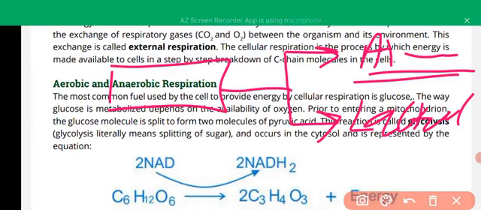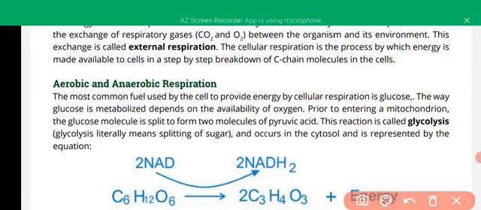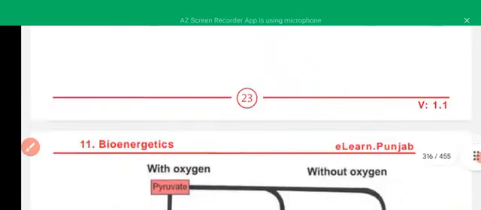Then our muscles do anaerobic exercise and lactic acid accumulates in our muscles and they become taut and painful, and this is also the fermentation called lactic acid fermentation. We will get through this type of fermentation next.